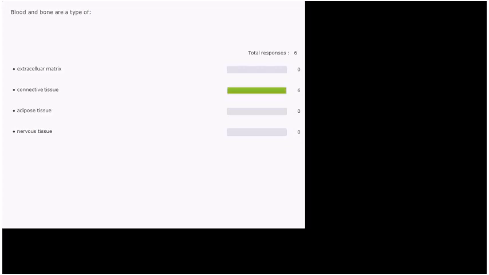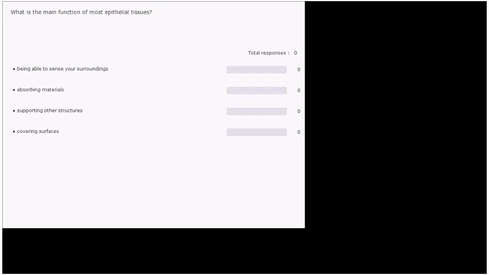You're already going to pass. Question 4. What is the main function of most epithelial tissue? So is it being able to sense your surroundings, absorbing materials, supporting other structures, or covering surfaces?